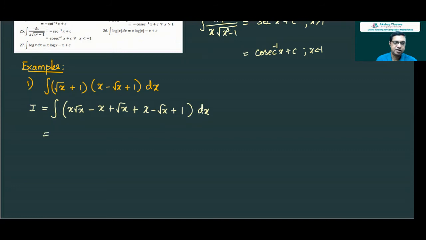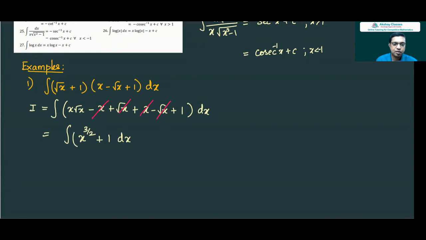We can simplify this further. Plus √x and minus √x are cancelled, minus x and plus x are also cancelled. So we are left with the integral of x^(3/2) + 1 dx.